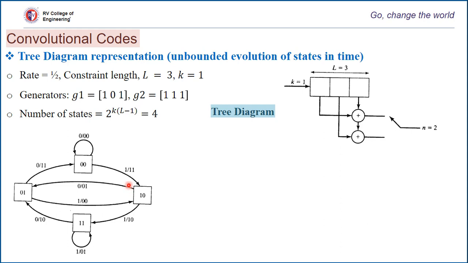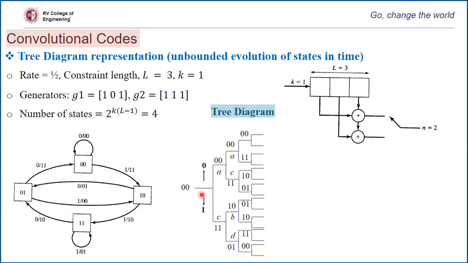It's an alternate representation of the state diagram itself, wherein you begin with the current state as 00, and it branches into two ways, with 0 representing one input bit and 1 representing the other. So for the current state 00, if 0 is the input, the output will be 00, and so on forever.